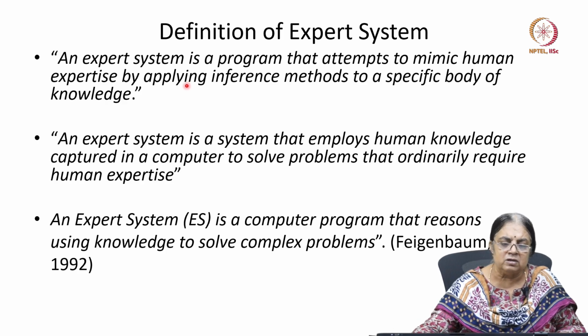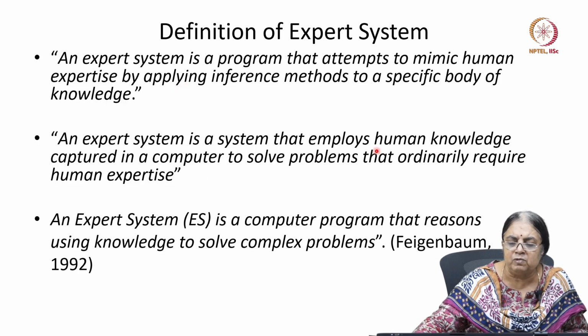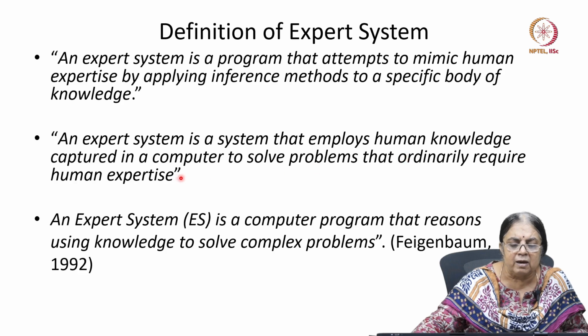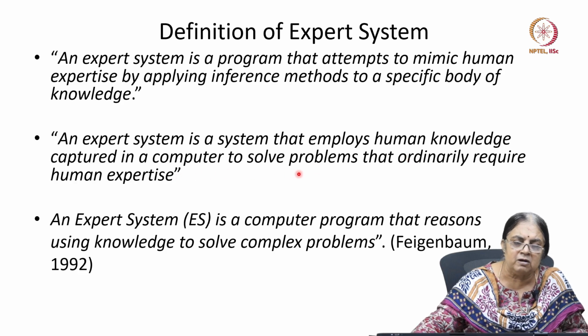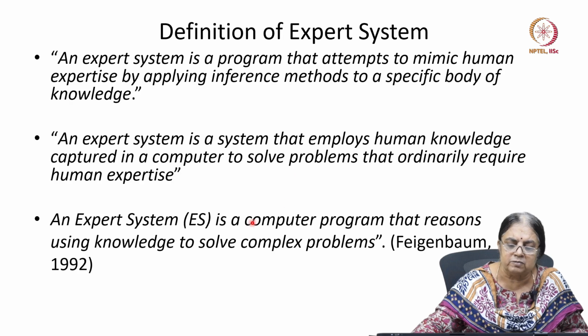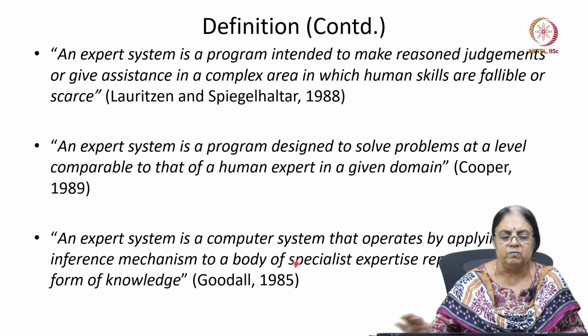Another definition that is given is, it is a system that employs human knowledge captured in a computer to solve problems that ordinarily require human expertise. It's also been said that it's a computer program that reasons using knowledge to solve complex problems.